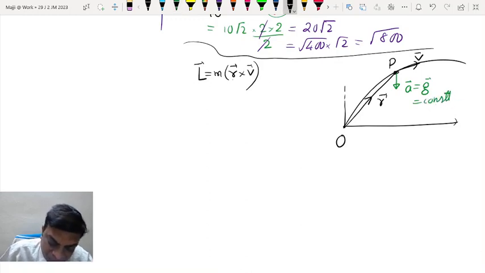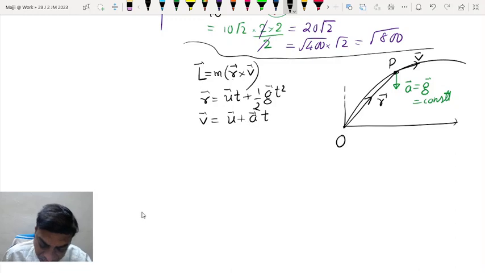So in order to use equations of motion, we can write S is equal to ut plus half at square, and vector v is equal to vector u plus vector at. Vector a is g.